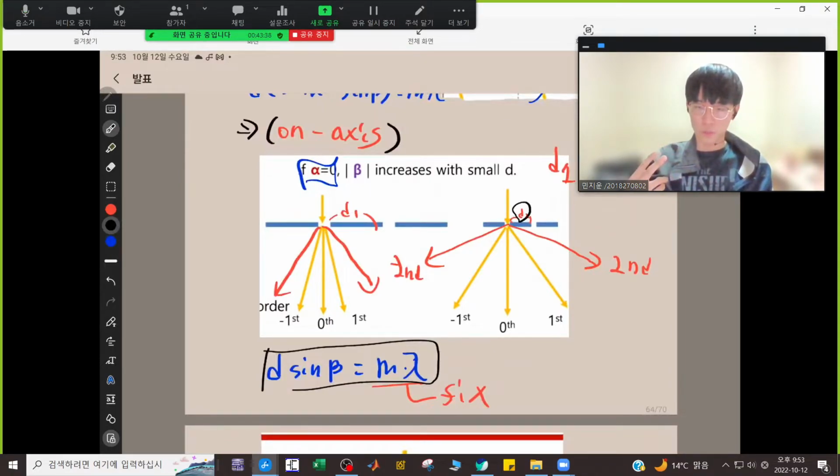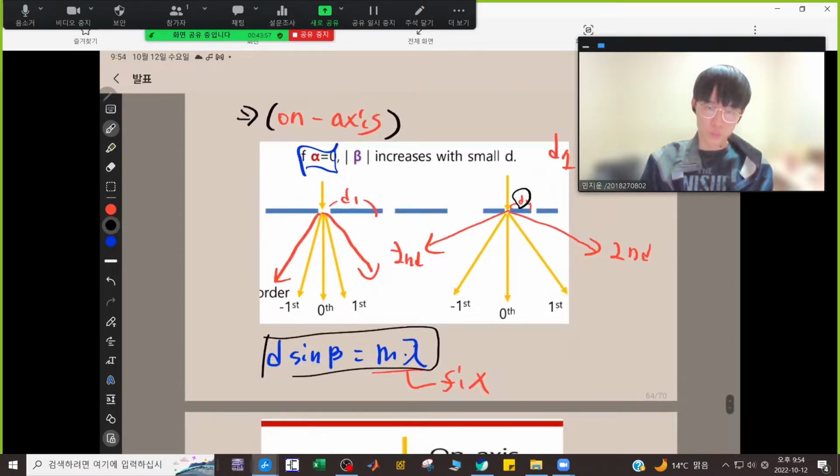If the d value is smaller, then the diffraction angle is bigger for a fixed wavelength.